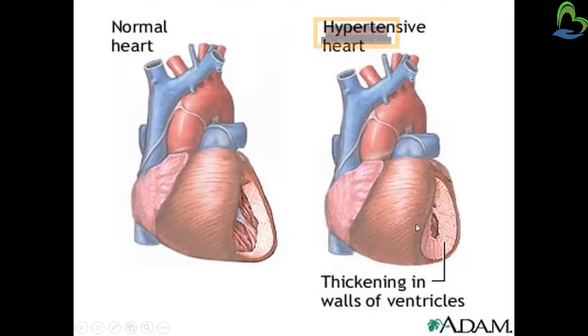So definitely its pumping system, that is preload and afterload, will also vary. The filling will be lesser because the thickness of the wall lessens the capacity to hold the blood coming from the system.